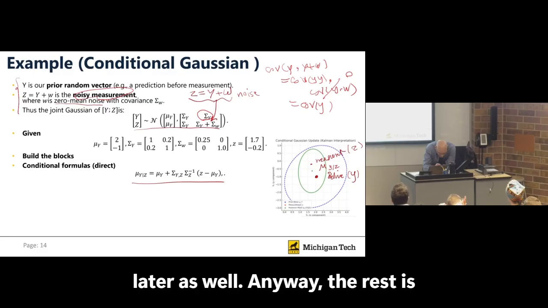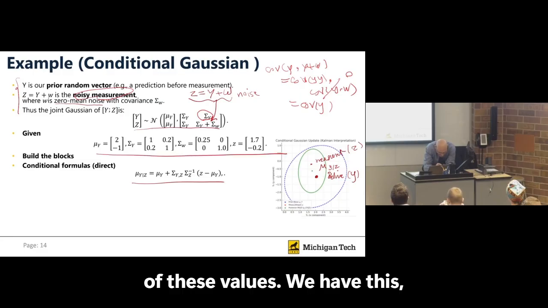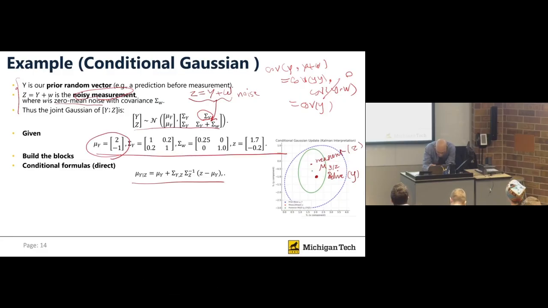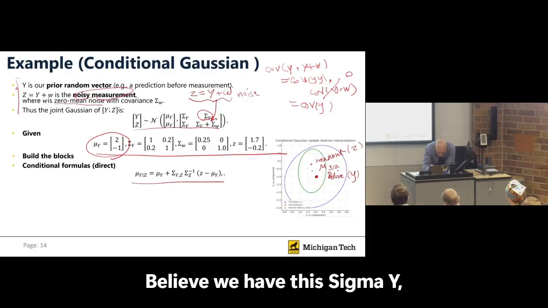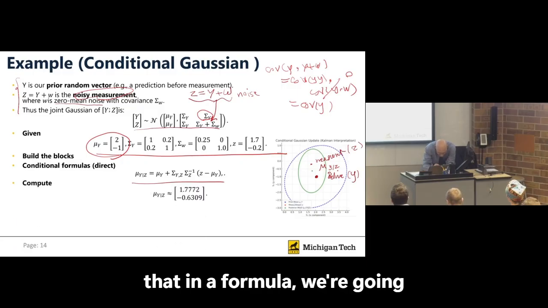Anyway, the rest is just a substitution of these values. We have this belief, we have this sigma y, we have sigma w, and we have z. And if we put that in the formula, we're going to get this.